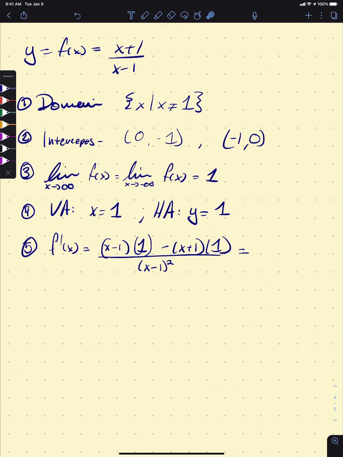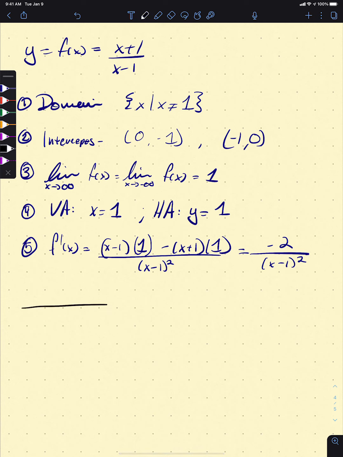And then if you'll notice here, it looks like we have x minus 1 minus x minus 1. So my two x's cancel. Then we're left with minus 2 over x minus 1 squared.